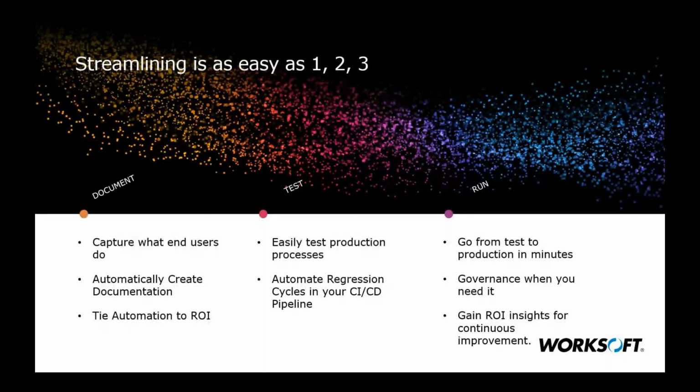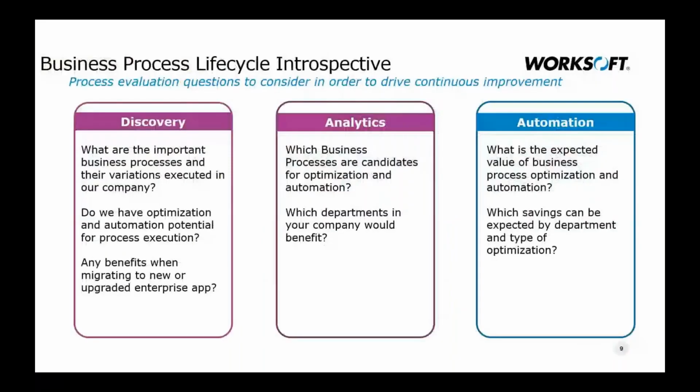Now, when we talk about intelligent automation and understanding what are the key pieces that we are trying to understand about our overall processes, right? We really want to be able to look at and examine certain key questions. Which are the business processes that have the most value to the company?